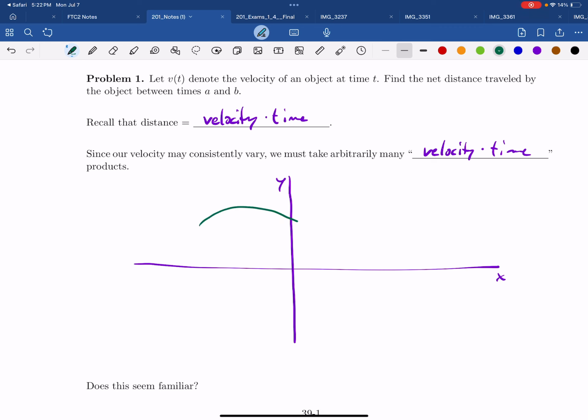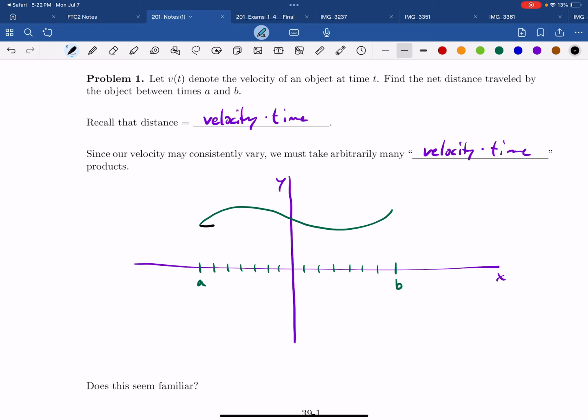And we've got some sort of a curve going on here. Maybe this is from A to B. And maybe we just divide this into little intervals like this. Pretend these are all of the exact same width. And then let's say, okay, let's approximate this with that velocity.